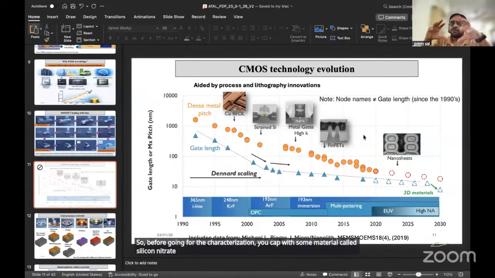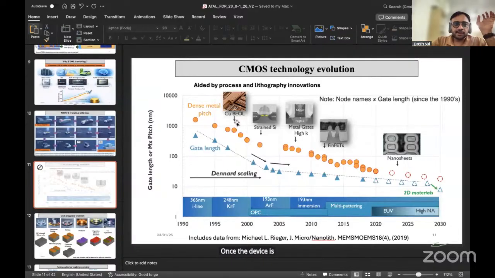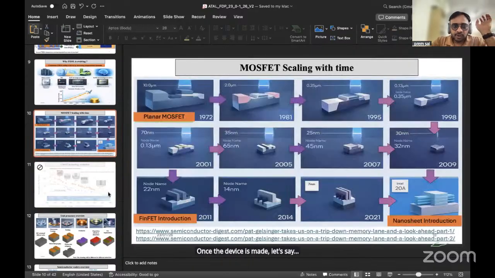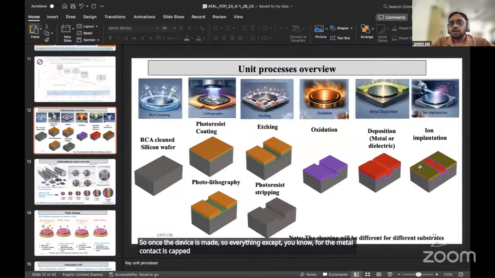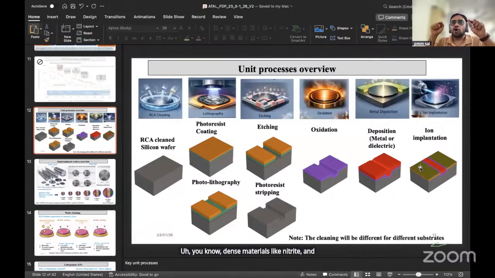Once the device is made, everything except the metal contact is capped with dense materials like nitride, and there will be openings only for contacts.